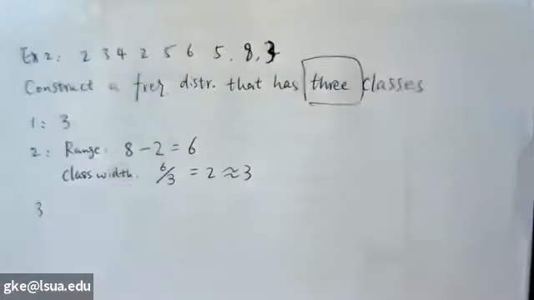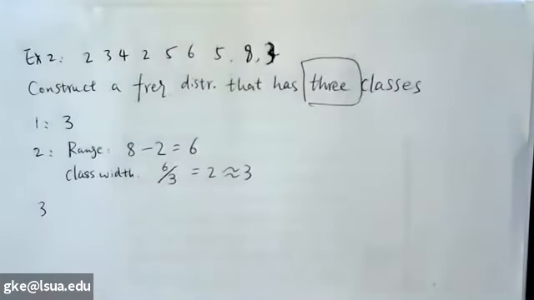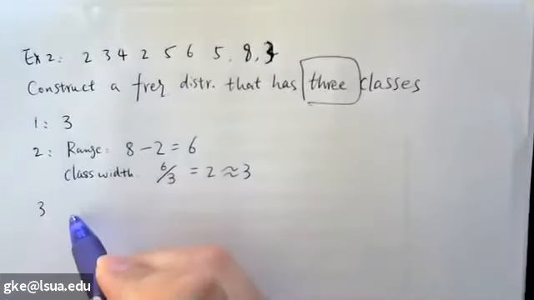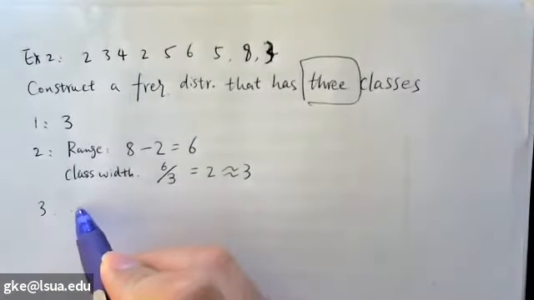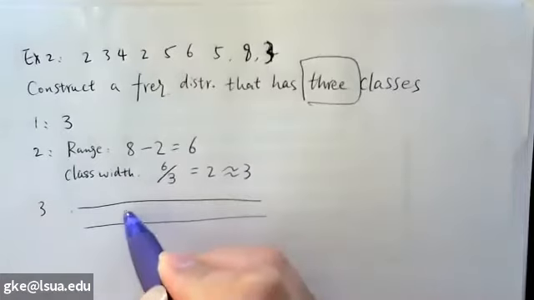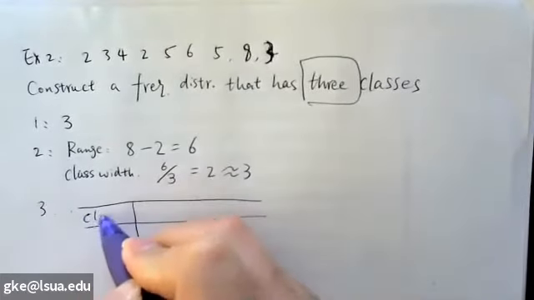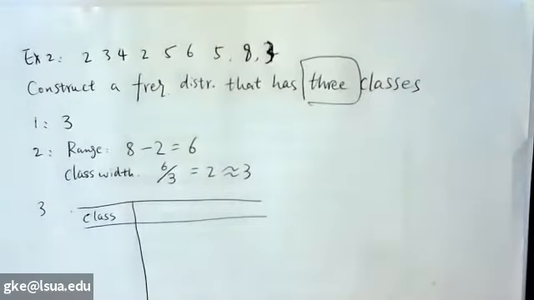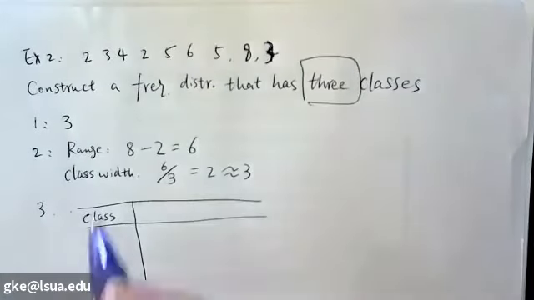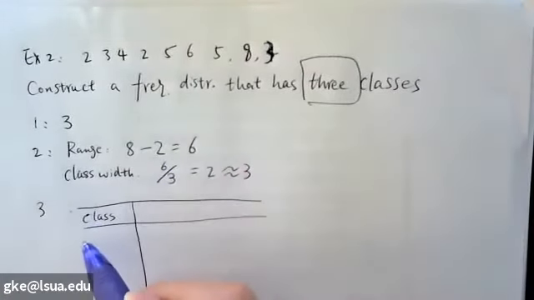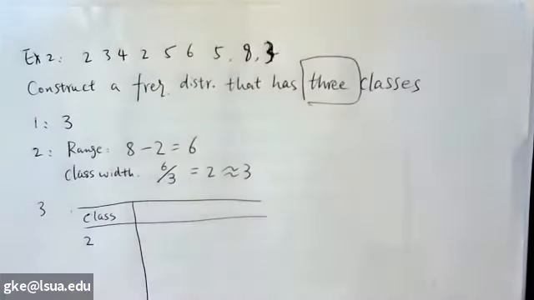Third, find the class limit. So we're going to construct the classes. As we know, all the classes will start with the minimal number, especially the first class. We're going to start with the minimal number. So the minimum number is 2, right?